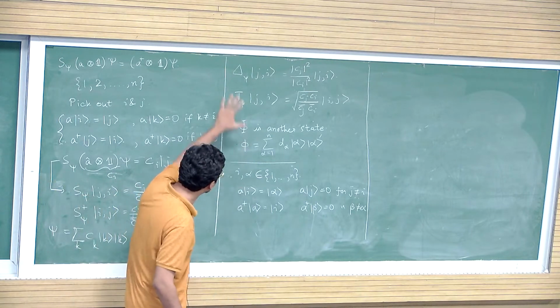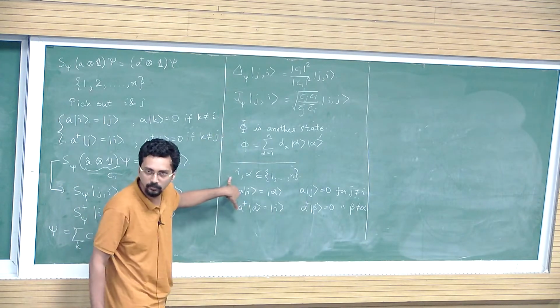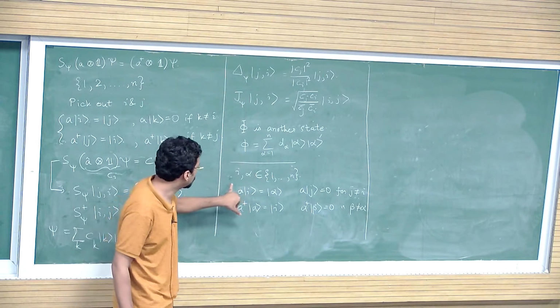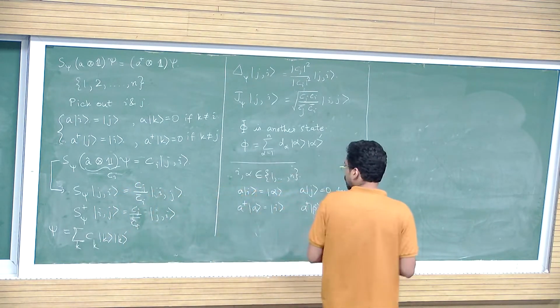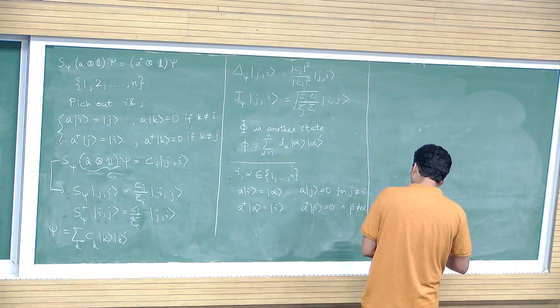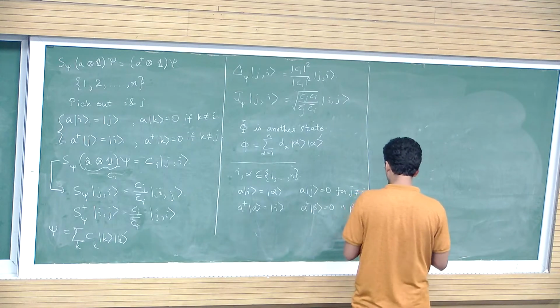So this is exactly how I am going to define things when I have another state phi. This is how the action of this operator A is, and this helps us in defining the relative modular Hamiltonian.